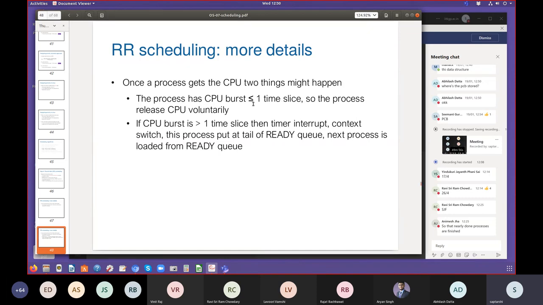In the second case, the process still continues to be in the ready state because it did not voluntarily release the CPU, it was preempted.